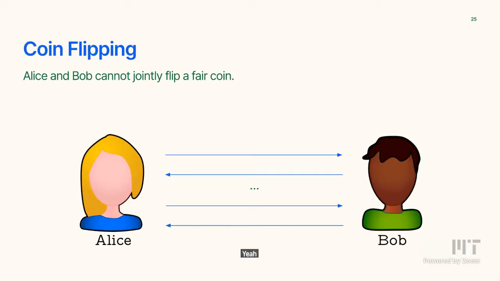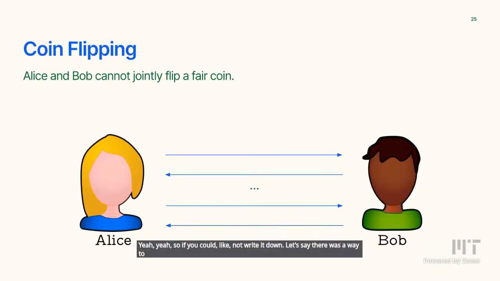You could not write it down. But let's say there was a way of verifying something, right? And actually, we can't do this. All commitment actually.